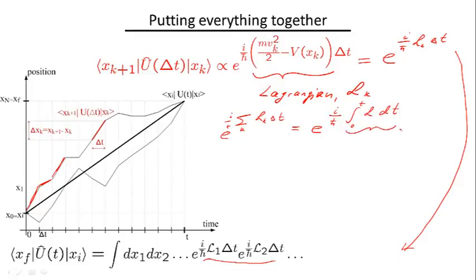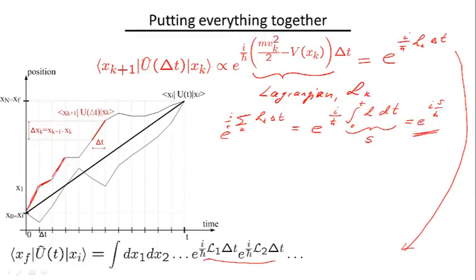And the integral of the Lagrangian over time is known as classical action. So what we got is essentially the main result, that the propagator can be written as an integral over all possible trajectories, all possible intermediate coordinates, weighted with this exponential of the classical action. So this is the result that we sort of advertised in the very beginning.